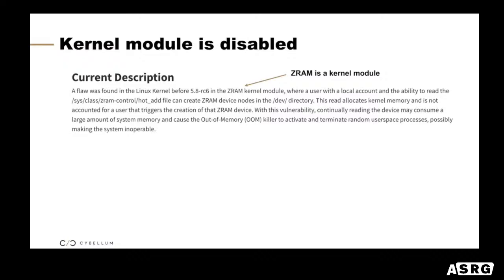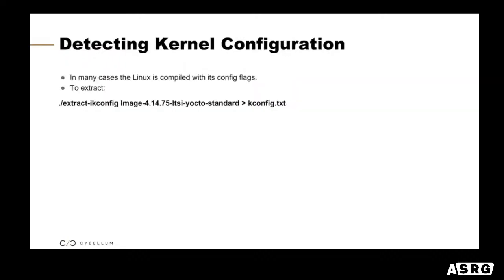So let's investigate further. And you can see here that ZRAM is a kernel module. And one thing I can investigate is the kernel configuration. In many cases, the firmware contains a Linux image that was compiled with the config flags. It is possible to compile with flags or without. If it is compiled with config flags, there's a script, you can Google it up, called extract-ikconfig.